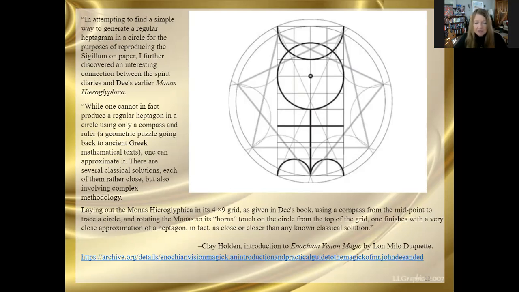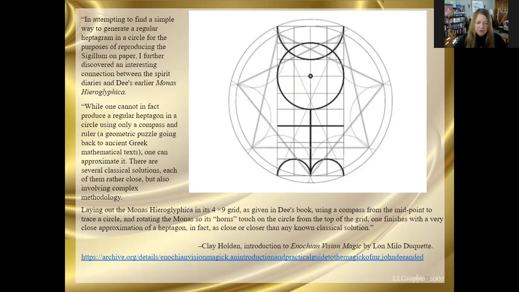The Seal of Truth of God, the Sigillum Dei Aemeth, which is the first part of the Enochian system that Dee and Kelly received a couple decades later, and in which the number 7 plays a significant role.